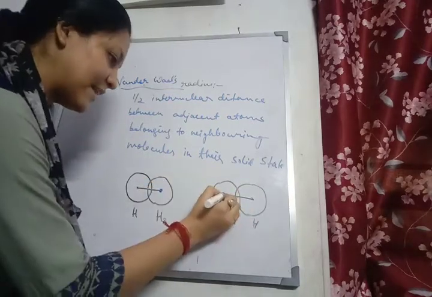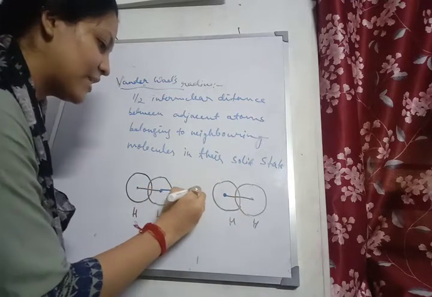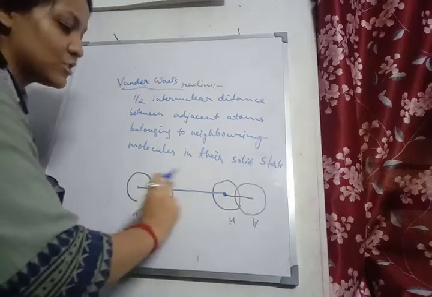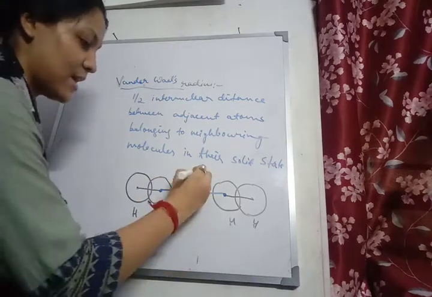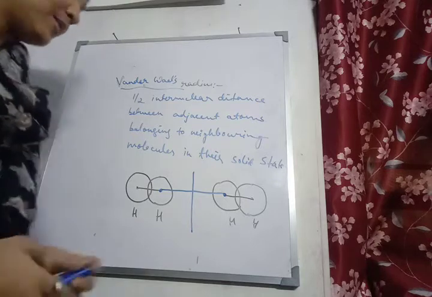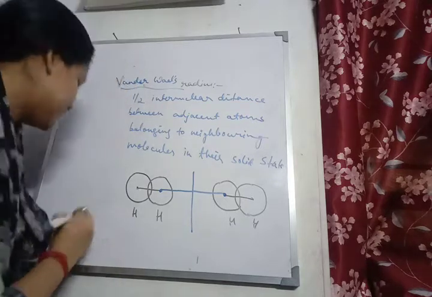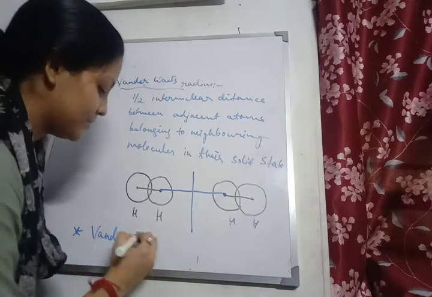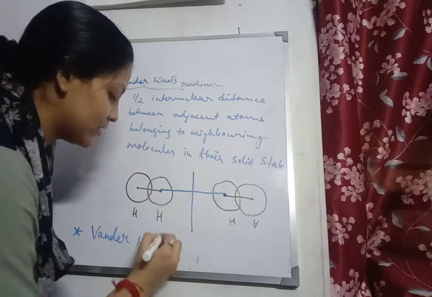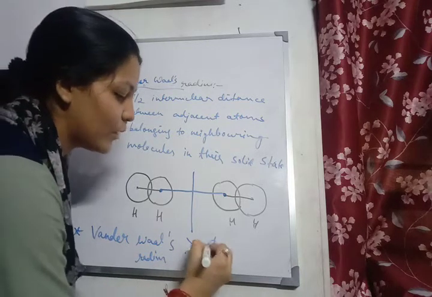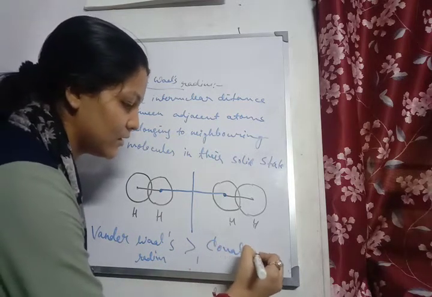These two are not directly linked, still we have an interaction, that is van der Waals interaction. This is your internuclear distance between the two neighboring atoms, and half of this is my van der Waals radius. That means van der Waals radius is always greater than covalent radius.